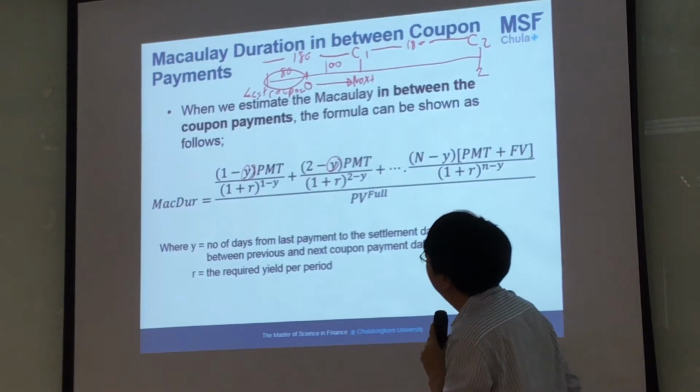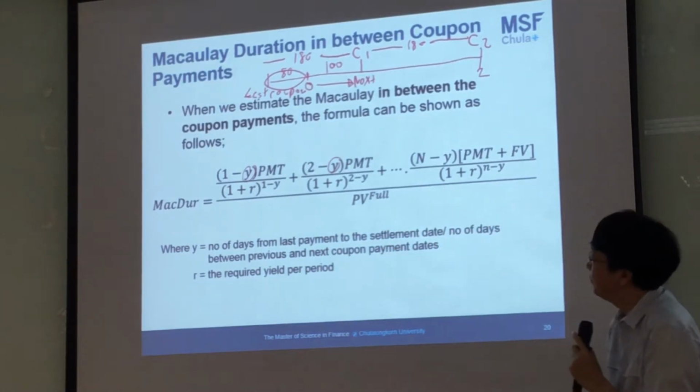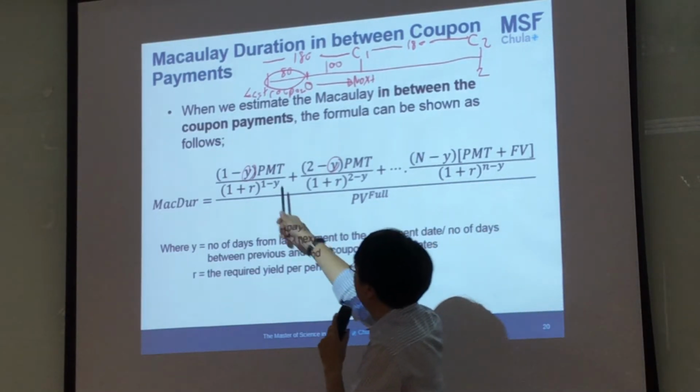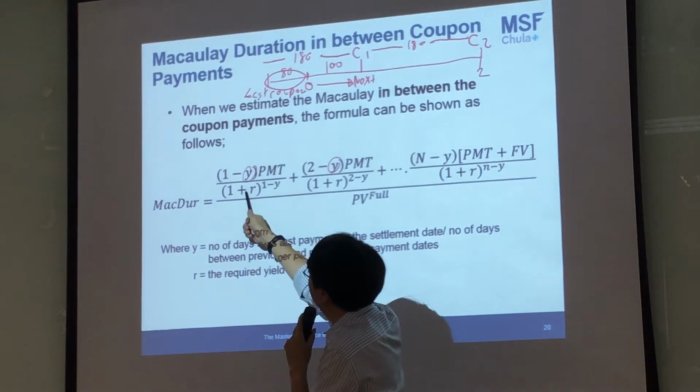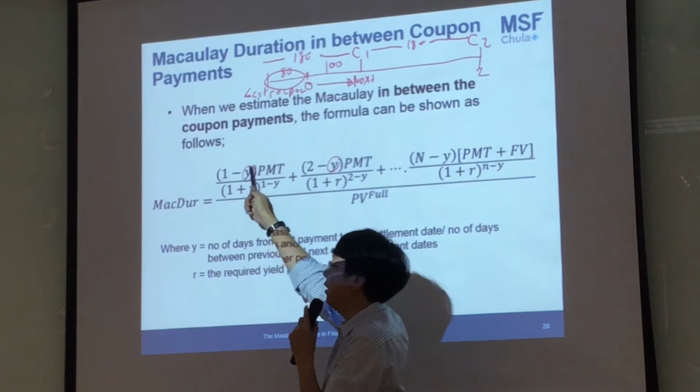But why in this case 0? What we have done right now is the present value of the cash flow, multiplied by this, and then we multiply by the period.